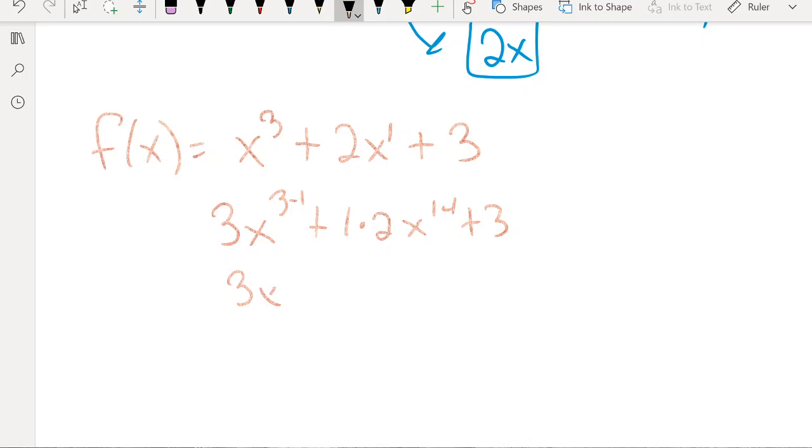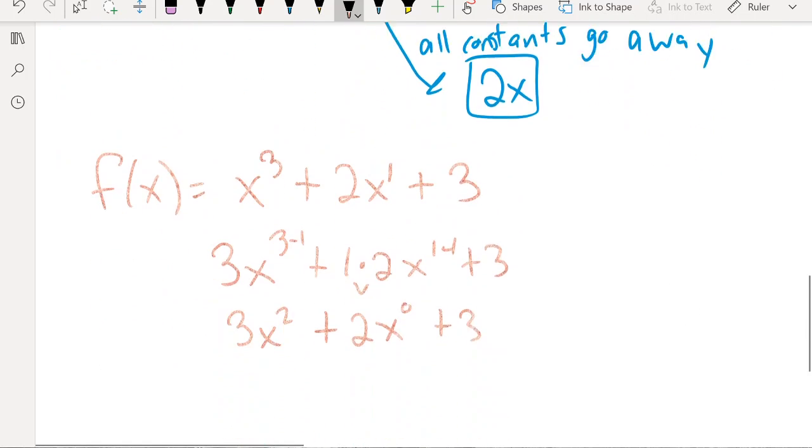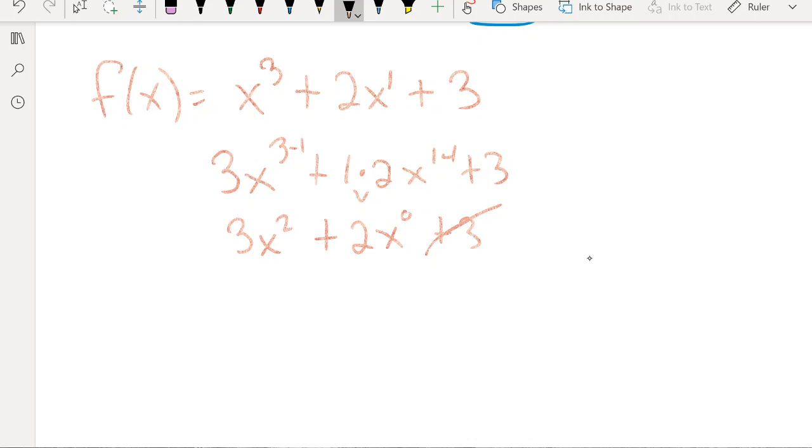This is going to be 3x squared plus 2, right? 1 times 2, x to the 0 power, plus 3. And then all constants go away. Actually, check this out. Anything to the 0 power is equal to 1. No matter what x is, anything to the 0 power is 1. So this is just 2 times 1, which is 2.